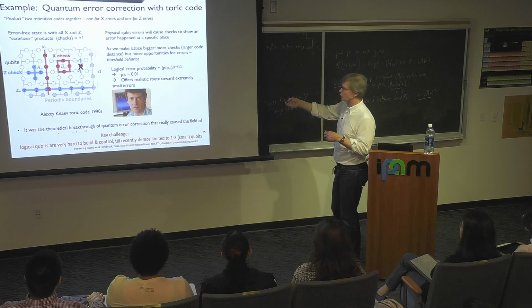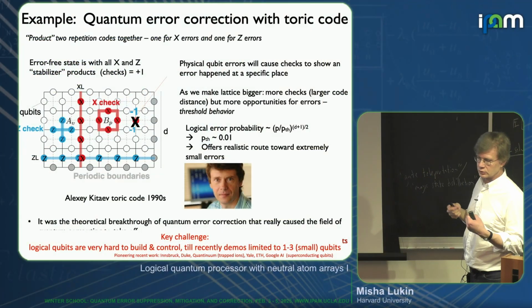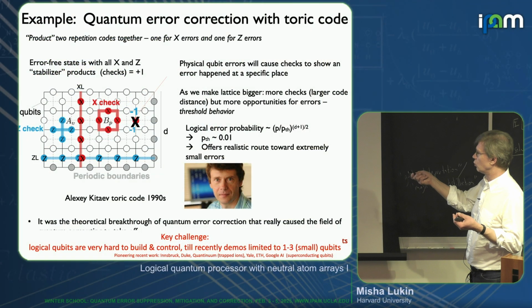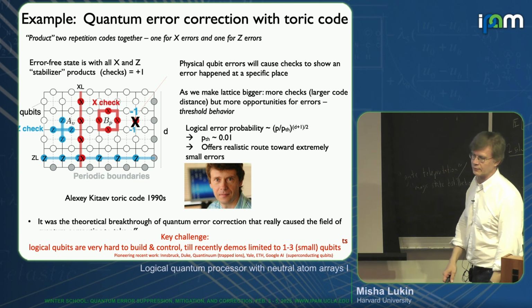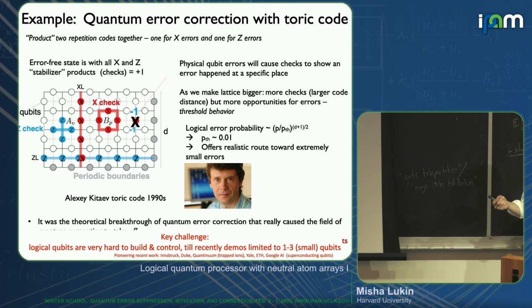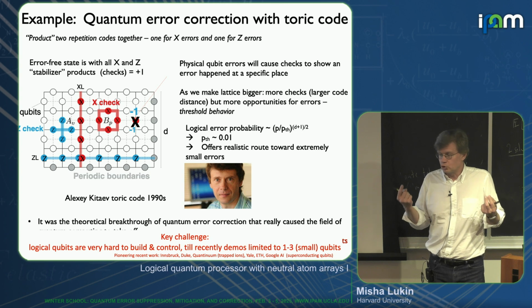According to this formula, the logical error is about 1/10 to the power of (d+1)/2. If you want an error rate of 10 to the minus 10, you need a code distance of around 20, which is 400 qubits per logical qubit.